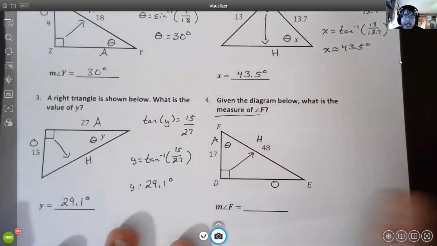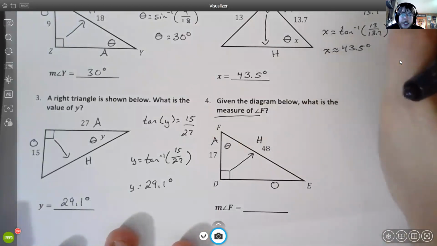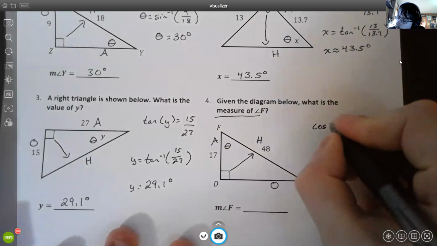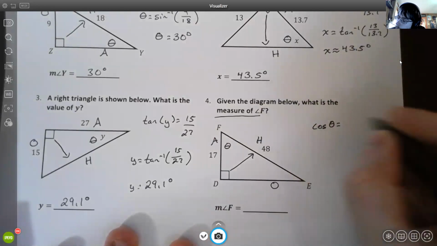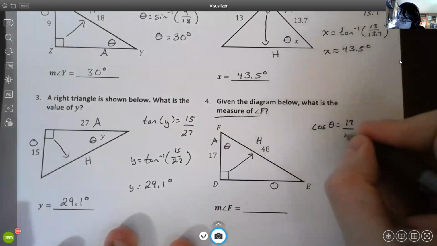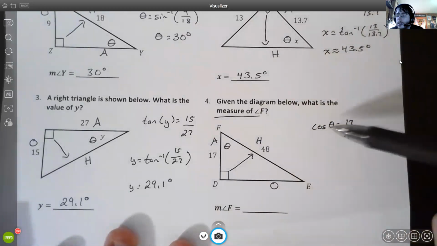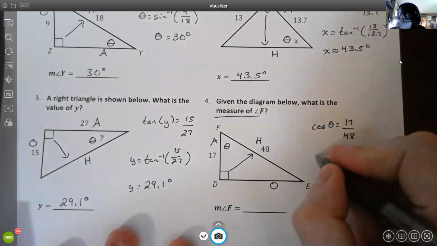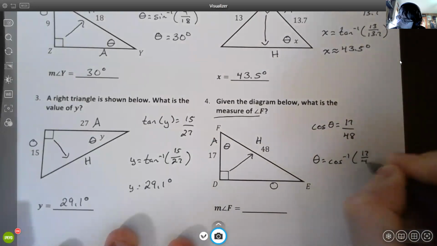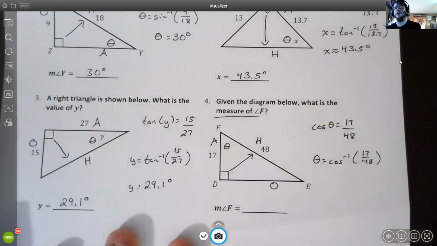So which trig ratio uses A and H? That would be cosine. So we have cosine of theta is equal to A, which is 17, over H, which is 48. We're looking for theta, so we take the inverse cosine of 17 over 48 to find out what theta is.